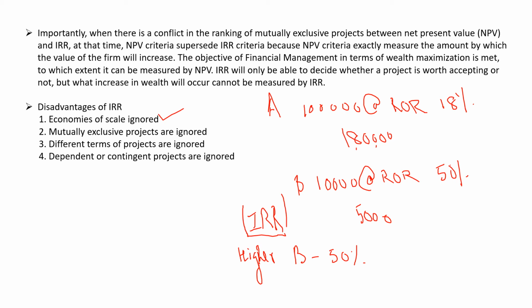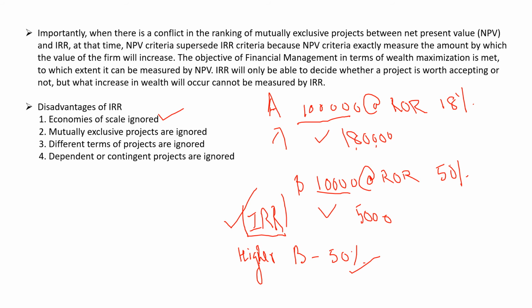But if we see the overall profit, our project A is more. So these economies of scale, that is 1 lakh is more than this 10,000, the investment amount, will not be taken into consideration. If we take the IRR method into consideration, our project B will be chosen, but that is not the case. Project A is more profitable than project B. So this is a disadvantage of IRR method.